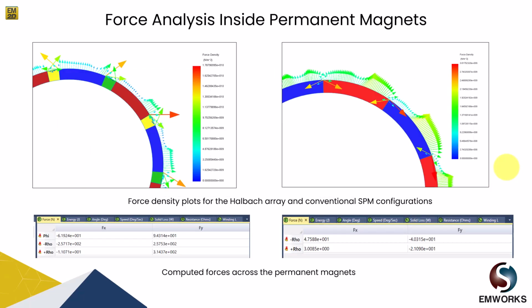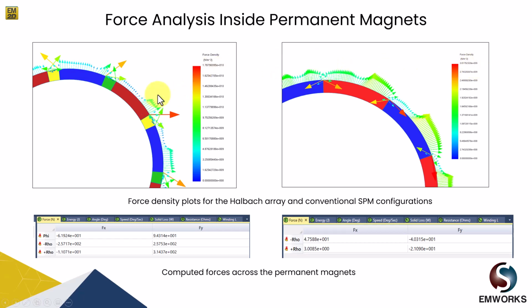Next is the force calculation analysis. The force density plots for the Halbach array and the conventional surface PMSM were obtained, and as we can see, the force density in case of Halbach arrangement is close to 1.78 times 10 to the power 10 Newton per meter cube, whereas for the surface mounted PM it is lesser, close to 3.01 times 10 to the power 9 Newton per meter cube.